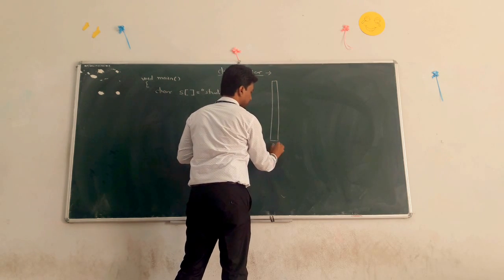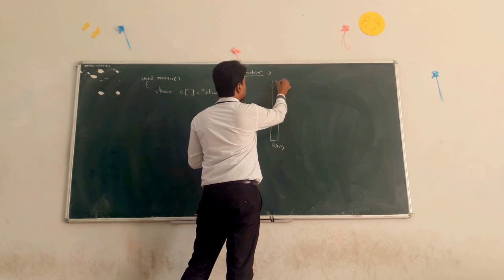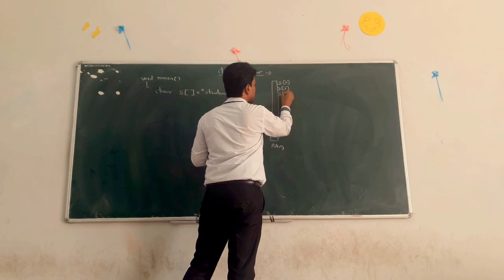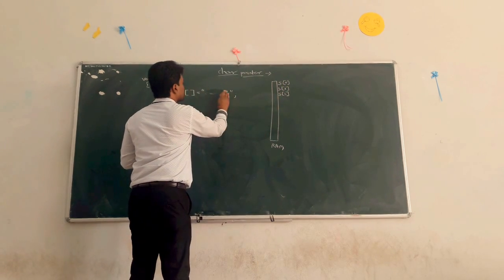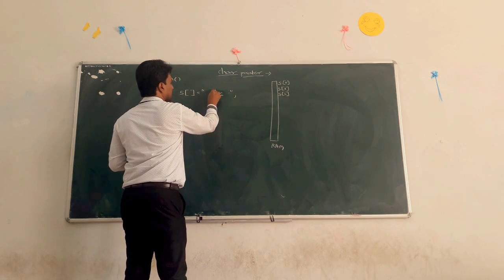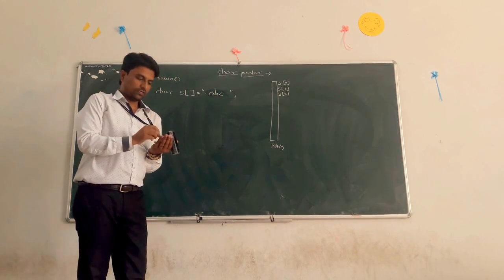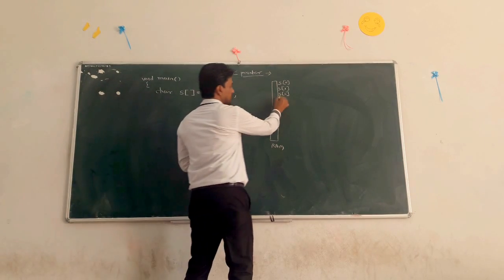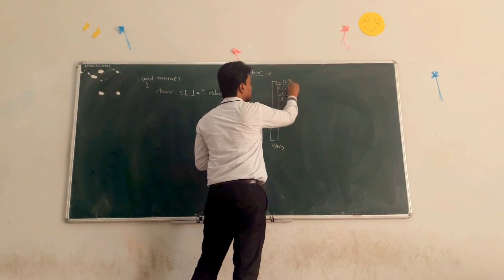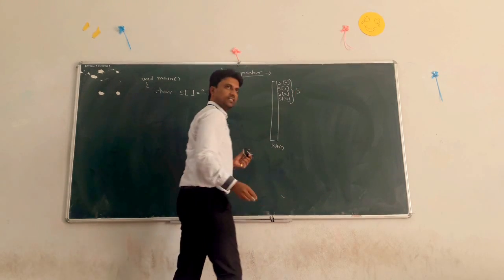So how is memory management done here? This is your RAM. Suppose s[0] is the first character, s[1] the second, s[2] the third. I minimize the characters to A, B, C, only three characters, so it is easy for us. Then s[3], and the string's name is s.